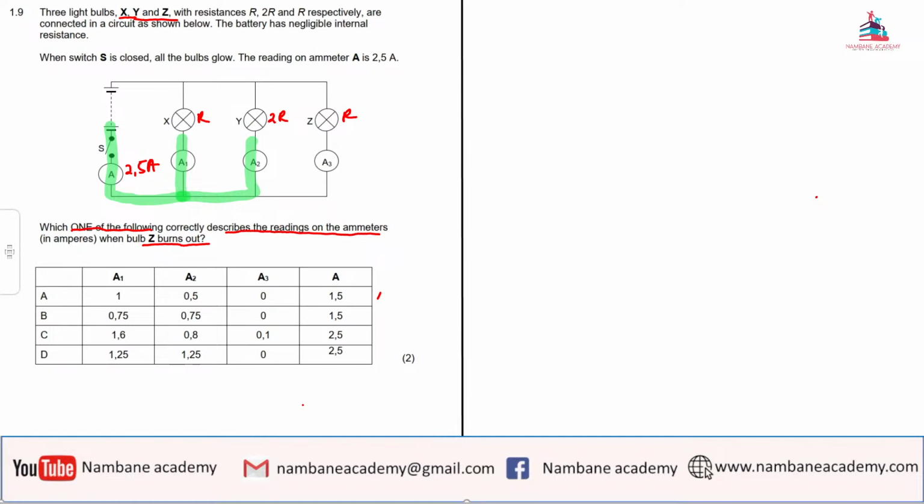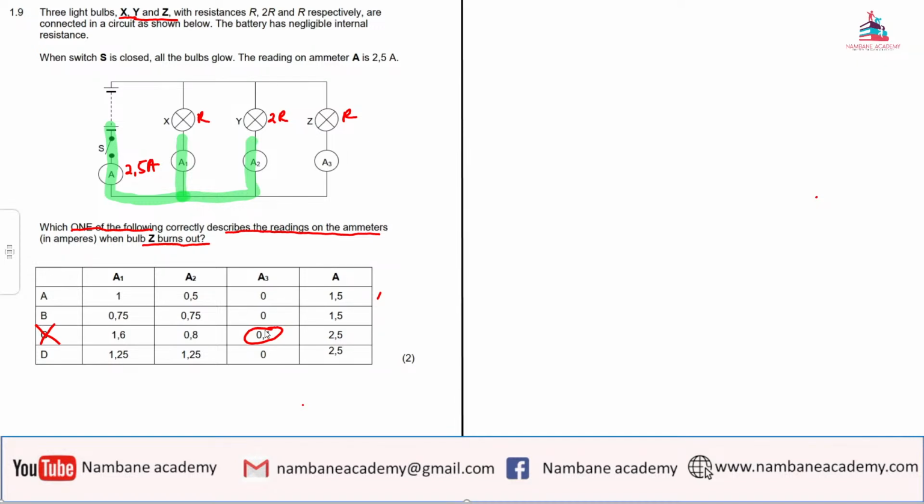Applying the basic principles, follow the current path. Now let's look at B and D. We said C is definitely wrong because of this particular failure. Now let's check.